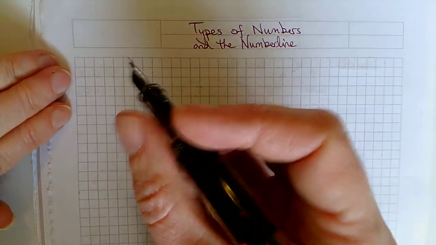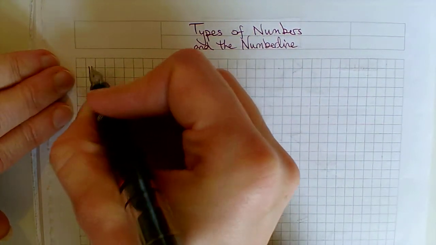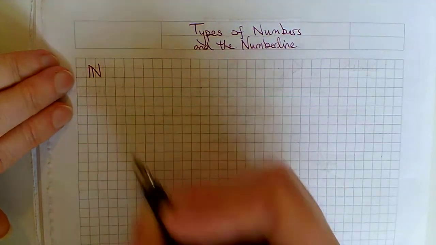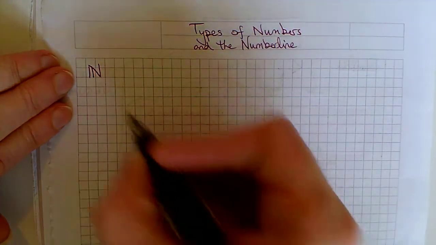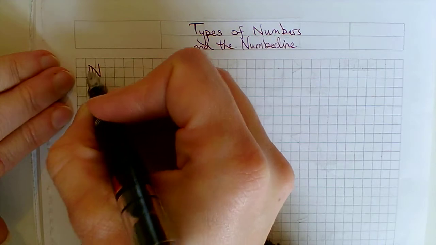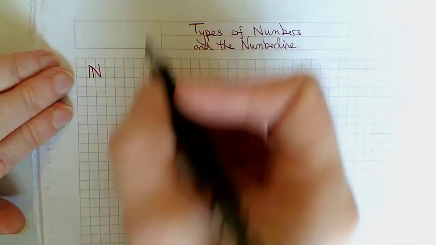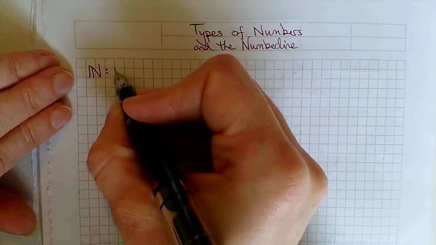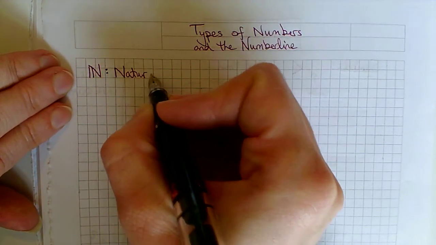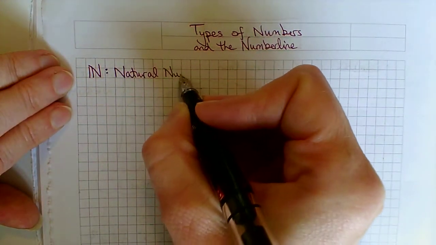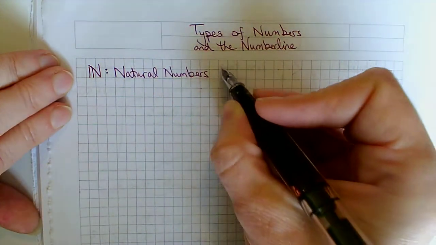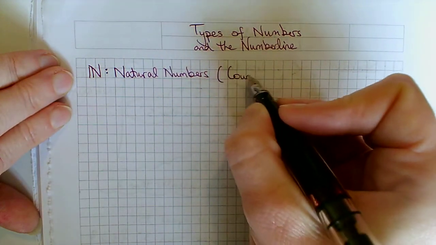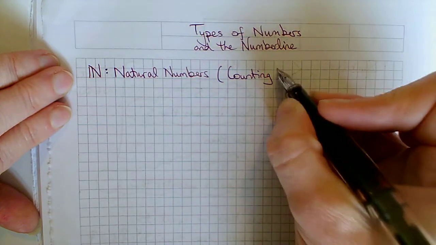So the first type of numbers are the most commonly used numbers, and they're represented by the letter N, capital N, with an extra line through it like this. When we're back in the classroom, I'll explain why it's written like this. And this N stands for the natural numbers. Now, the natural numbers are also called the counting numbers because we use them to count.